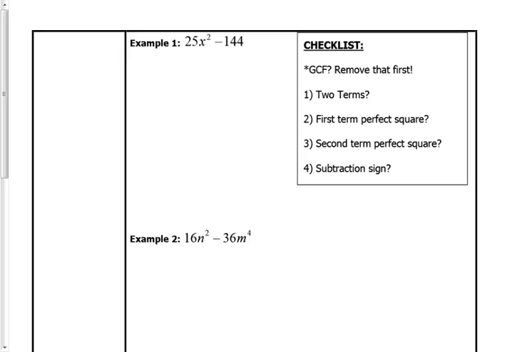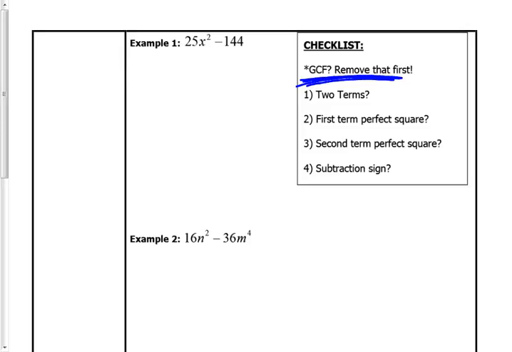Anytime I see the word factor in my directions, whether it says factor, write the factored form, what are the factors, or which one is a factor, that word factor should always pop up in your head, and you should always think, can I remove a GCF? Is there a greatest common factor that I can remove first?